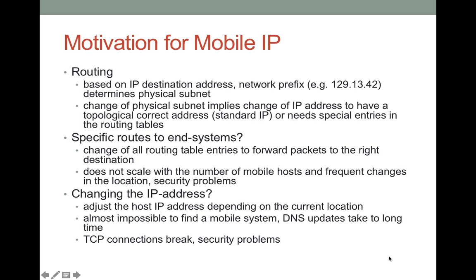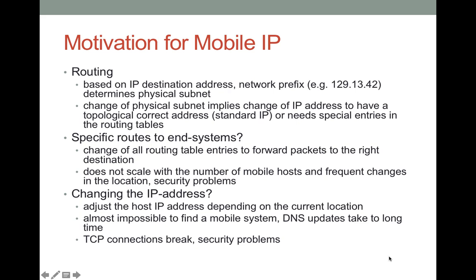And also changing the IP address, of course you adjust the host IP address depending on the current location. It is almost impossible to find a mobile system. DNS updates take too long.